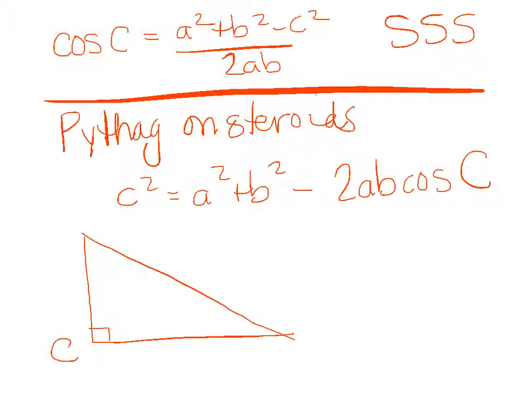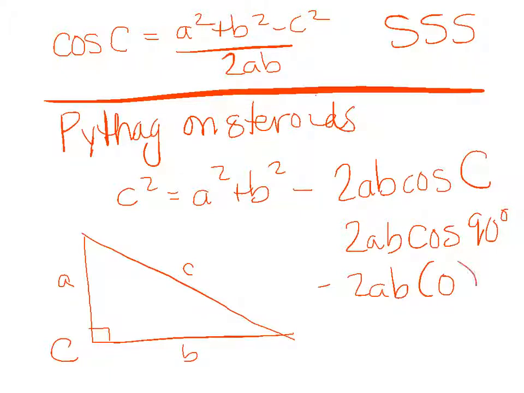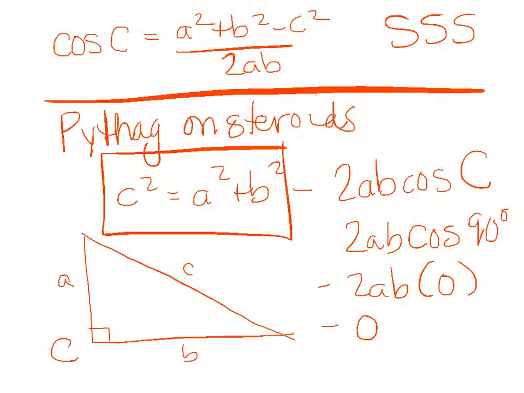This would be side C, the hypotenuse in this case. This would be A and B. What is the cosine of 90 degrees? Well, guess what? Cosine of 90 degrees is 0. So when you subtract 0, what's left is just the Pythagorean theorem. Okay? So this is just this little extra add-on in case it's not a right triangle.